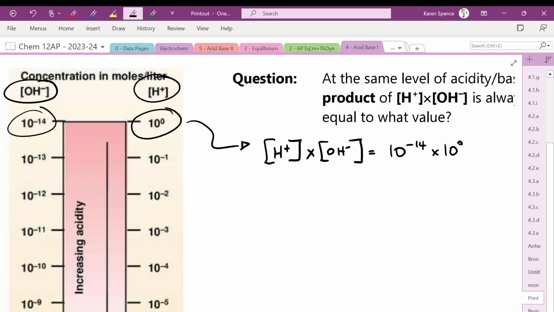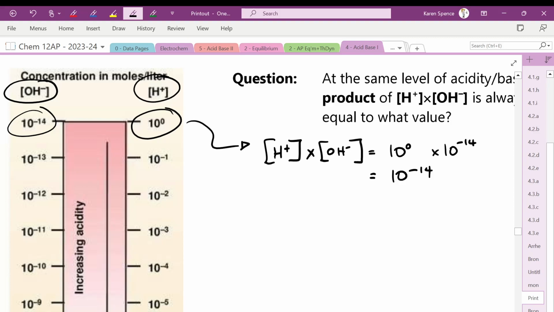Yeah, this should be 10 to the 0. Sorry about that. 10 to the 0 times 10 to the negative 14. And what do we get? 10 to the negative 14.